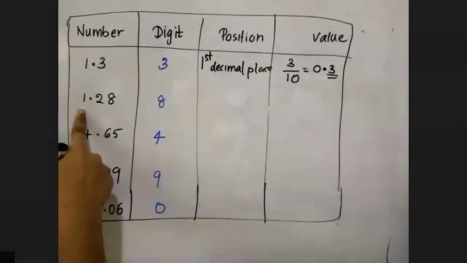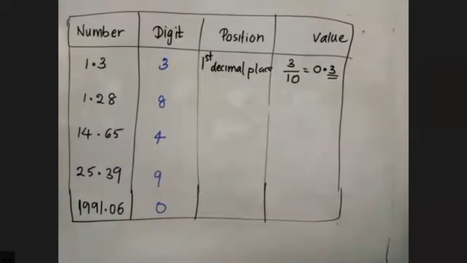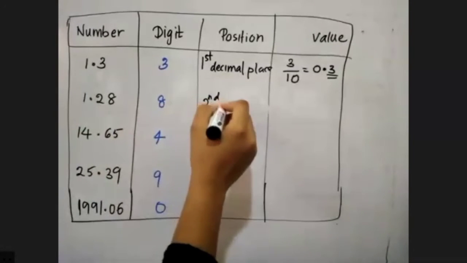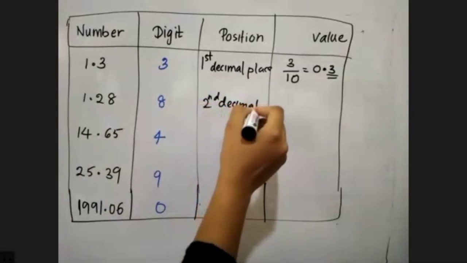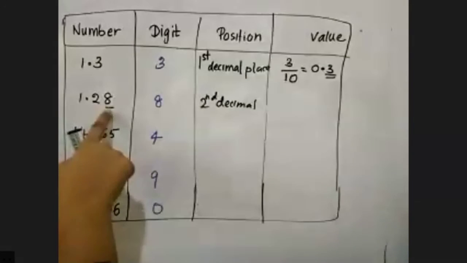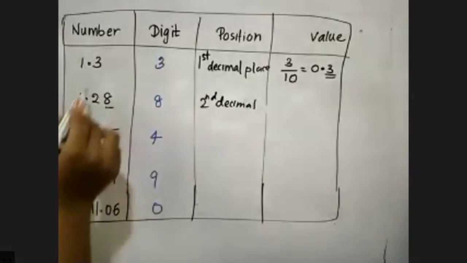Look at the second one. Number 8 is given. What is the position of the digit? Yes, second decimal place. You can see after the decimal point, it is in the second place. So what is the value represented? Here the number 8 is in the second decimal place. Second decimal means after the decimal point 2 numbers are there.